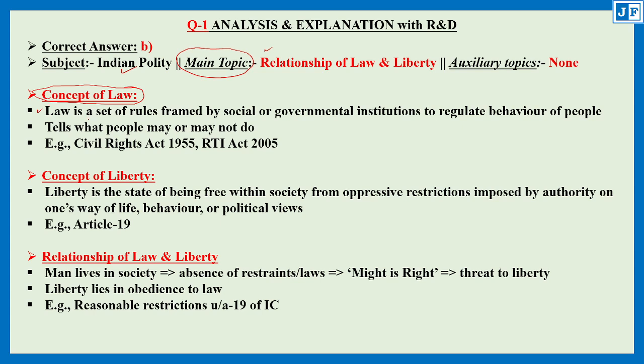What is law? Law is a set of rules framed by some social or governmental institutions. Why? To regulate the behavior of people. Laws tell people what to do and what not to do. For example, the Civil Rights Act of 1955 tells people that untouchability is prohibited.